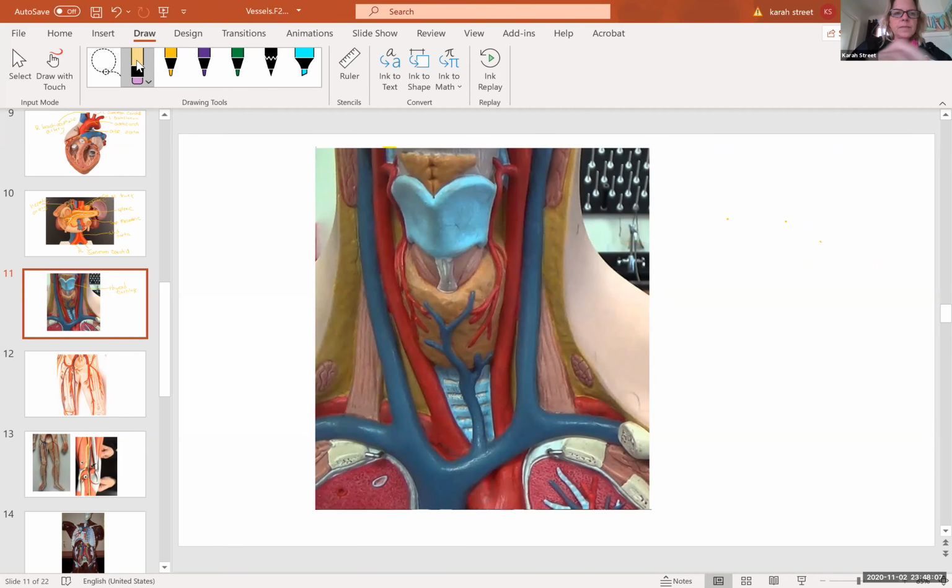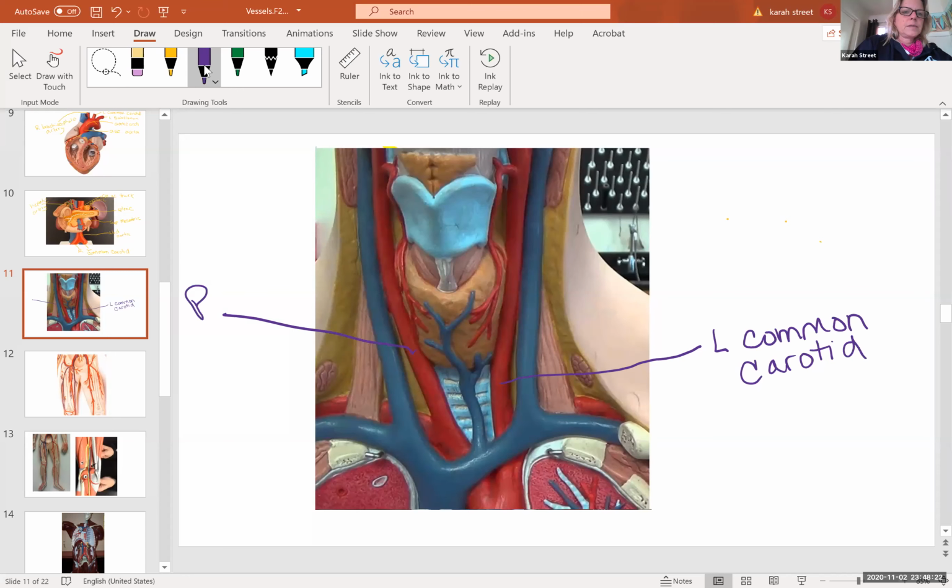And right here, we're seeing the left common carotid. I think you can tell we're in the throat region. And here's the right common carotid. Right here, we can see the left subclavian.